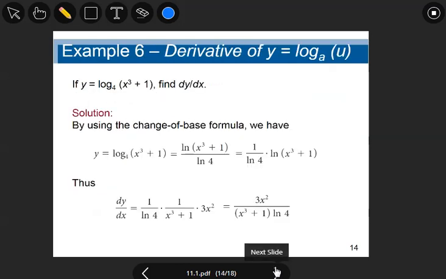As an example, if we need to find the derivative of this logarithm, we can reduce it into this form. Here a means 4, so it is ln of this polynomial divided by ln 4. So we can take this as a constant. You can find the value of this one, and then you need to take the derivative of this term. So this is a constant times the derivative of this one, and this is your final answer.